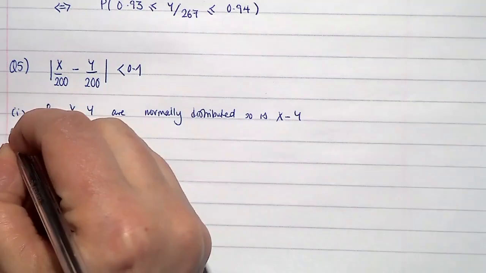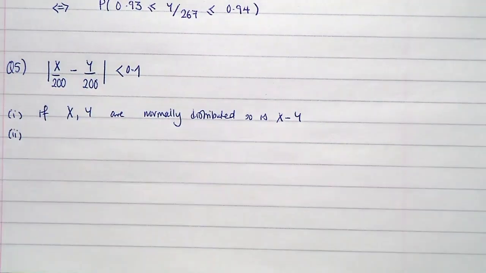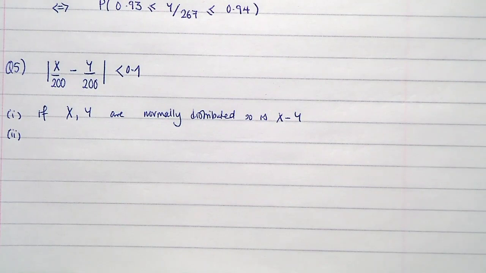The second one is for any pair of random variables x and y, they don't have to be normally distributed or anything like that. How do we find the expectation of a combination?